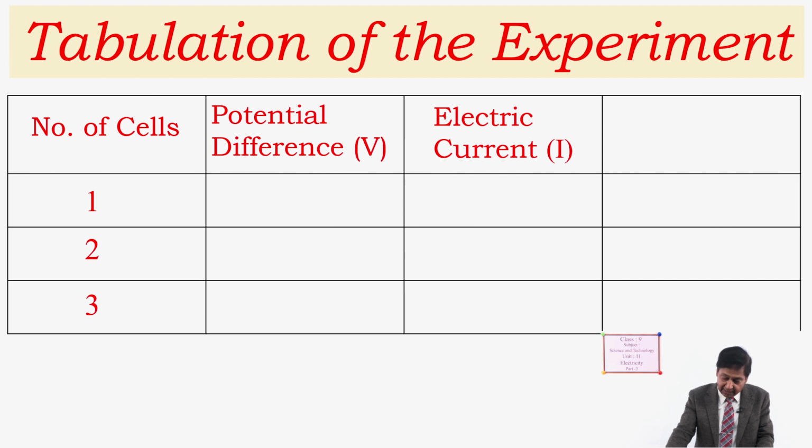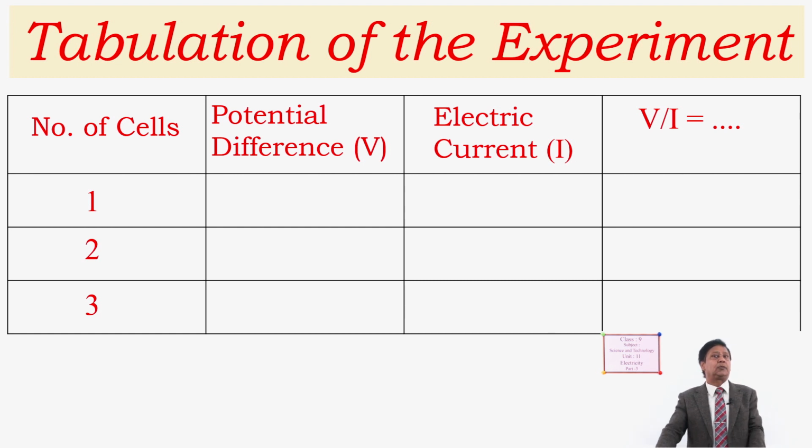And if we calculate the ratio of potential difference and current, V and I, the ratio of V and I is found to be constant in the first case when one cell was used, in the second case when two cells were used, and when three cells were used.